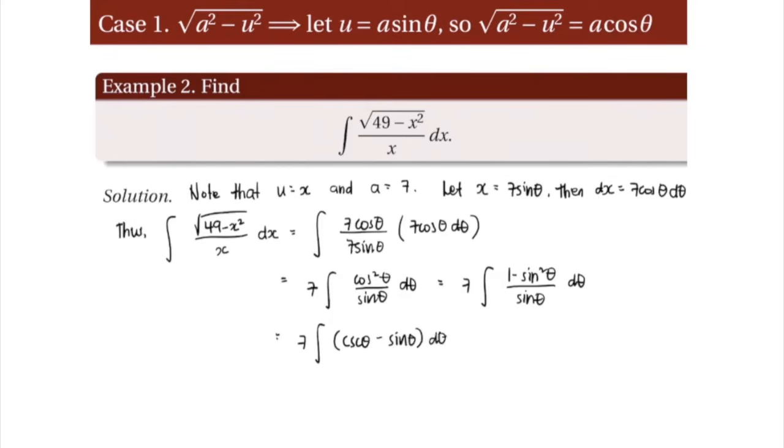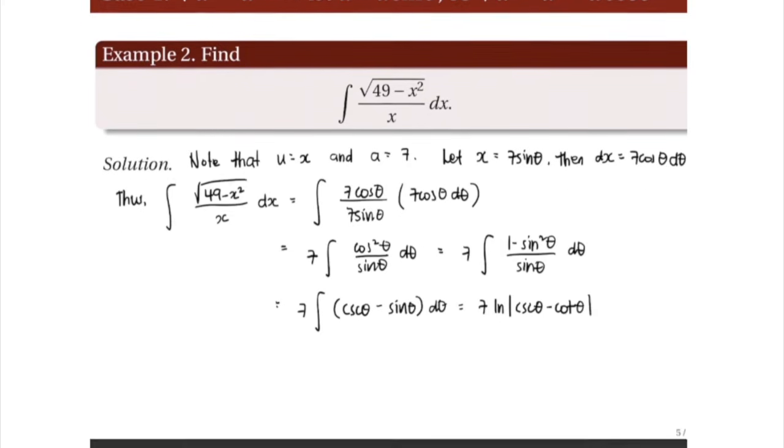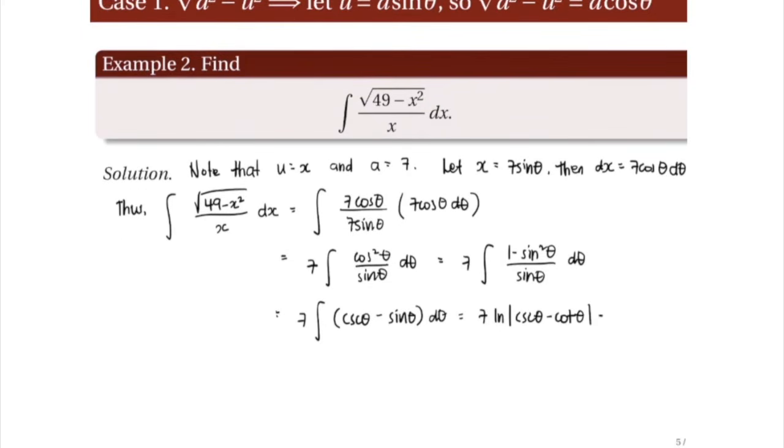And recall here from Math 21, again, formula for the antiderivative of cosecant theta would be ln absolute value. So you have here 7 ln absolute value of cosecant theta minus cotangent theta. And then minus, for the antiderivative of sine theta, that would be negative cosine. So that would be negative negative, so positive 7 cosine theta. And then plus the constant.